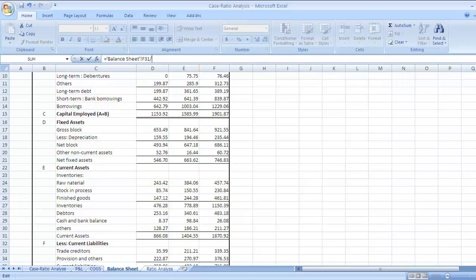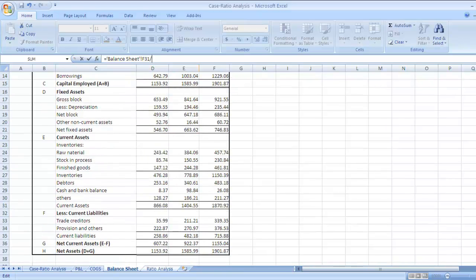Where do we find current liabilities? You can go down and see current liabilities. How much is it?